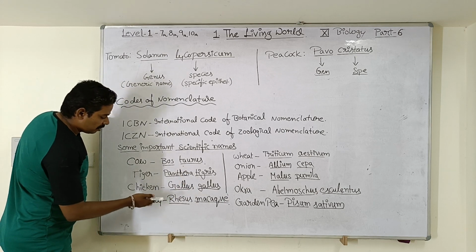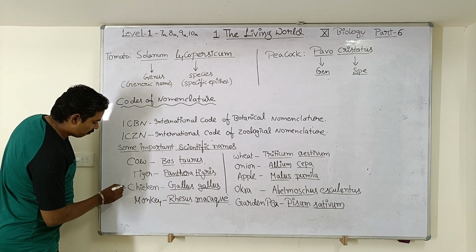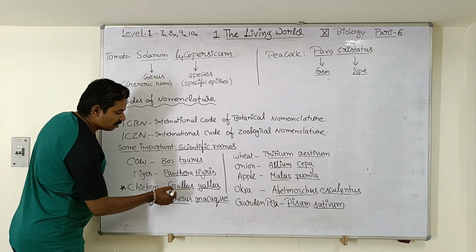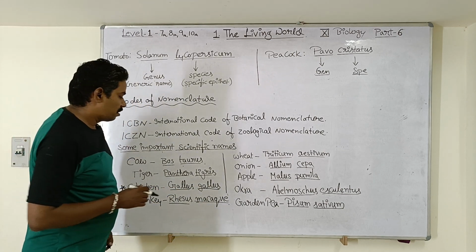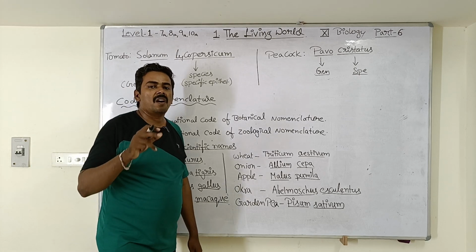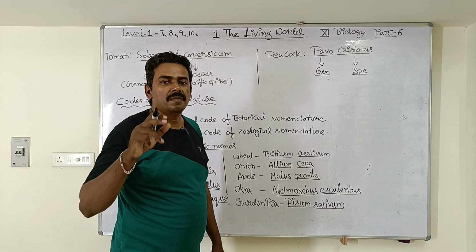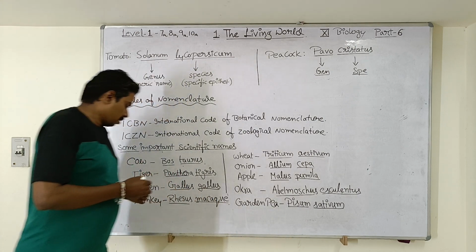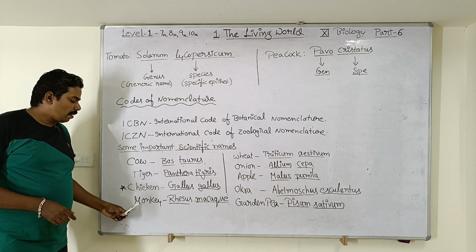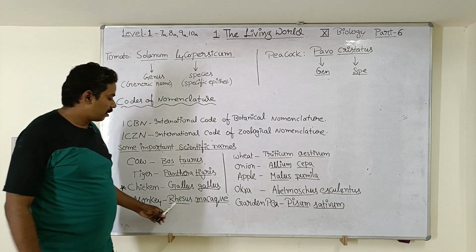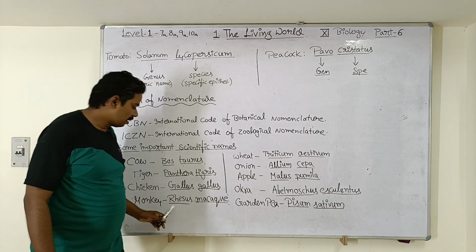Here you can see the chicken's scientific name is something different: both genus and species have the same word. On certain occasions some animals have the same genus and species name. This is really an exception in scientific names. Next, monkey. Monkey's scientific name is Rhesus macaque.